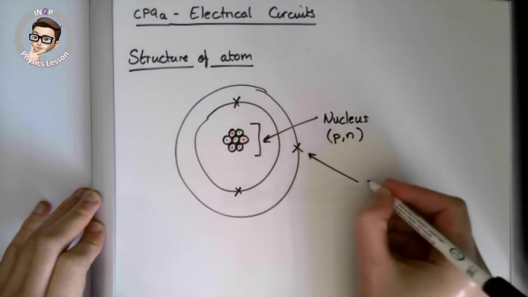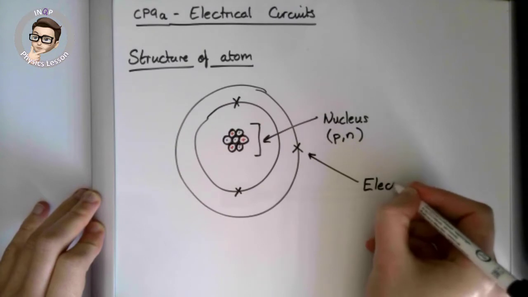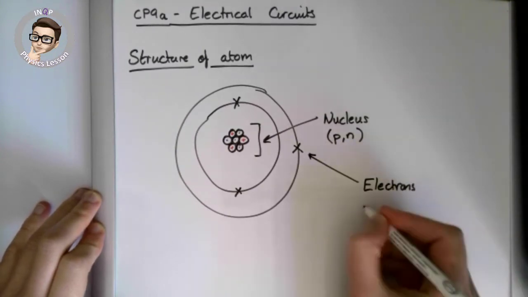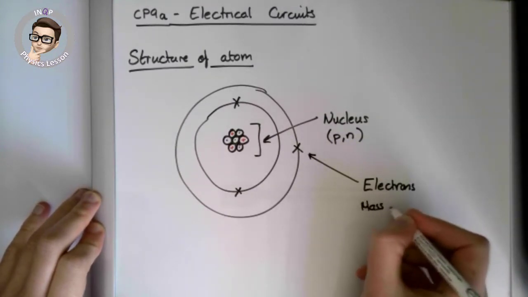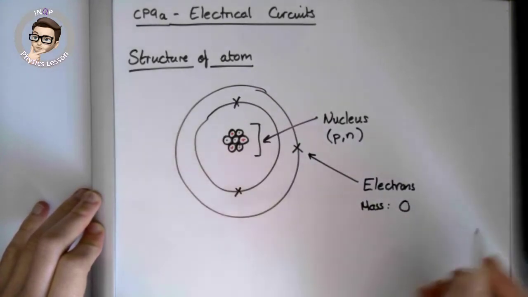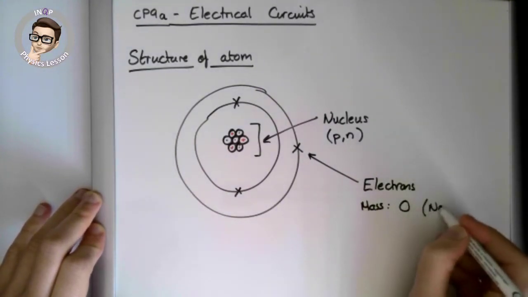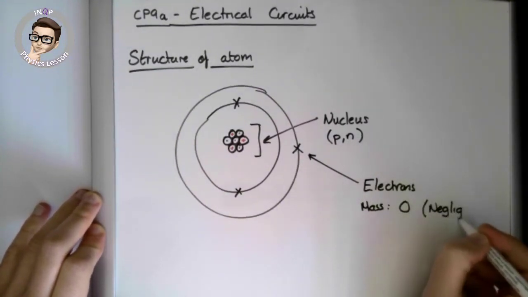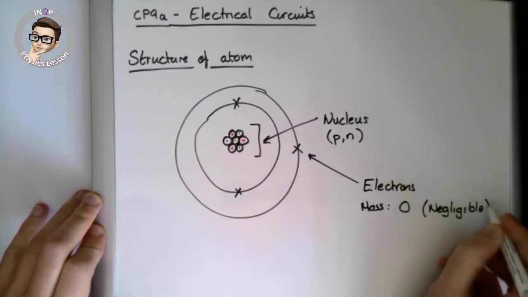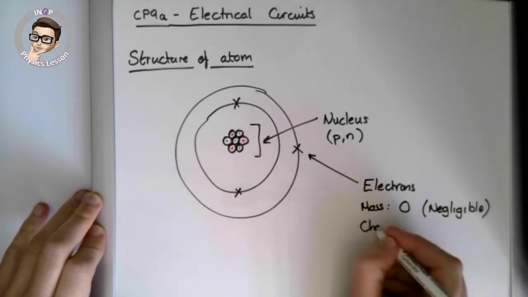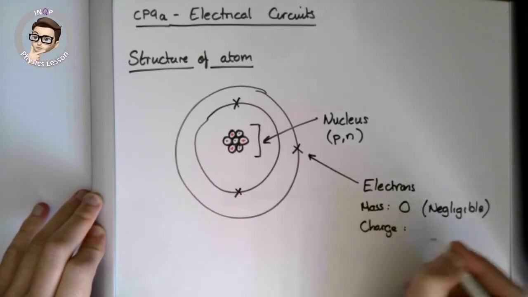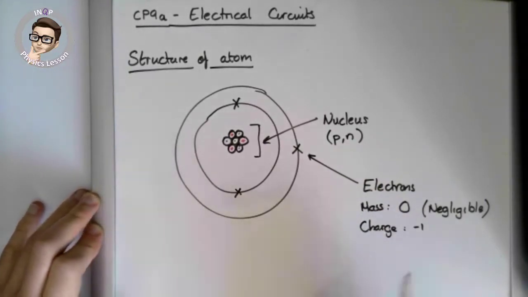Around the outside we have our electrons, which have a mass of effectively 0. Remember, we have a special word for it, we call it negligible. Very, very small. And it has a charge of -1.